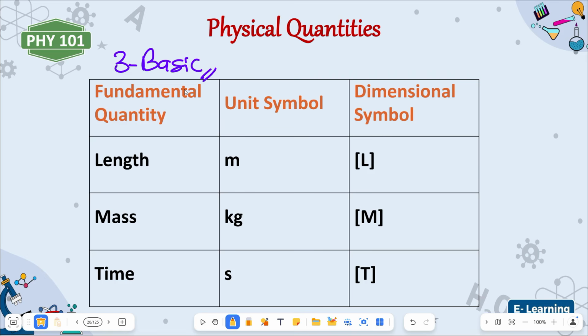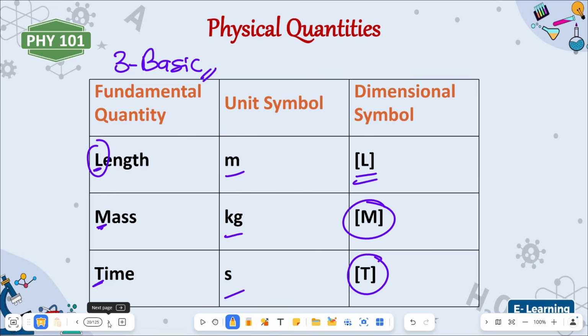So we have the three basic ones are length, mass, and time. Now, their dimension is often the first letter of the quantity. So length, dimension is capital letter L, must be capitalized. Mass, the dimension is capital letter M. And then time, the dimension is capital letter T. Is that understood? These are the physical quantity and their dimension. And then, of course, their units, meter, kg, and second.